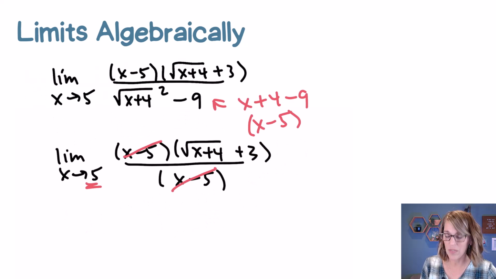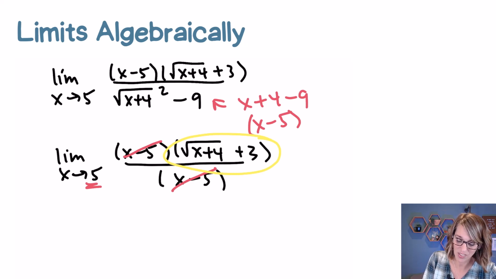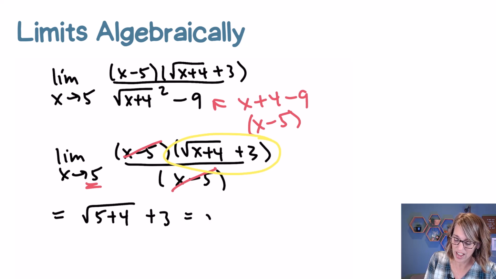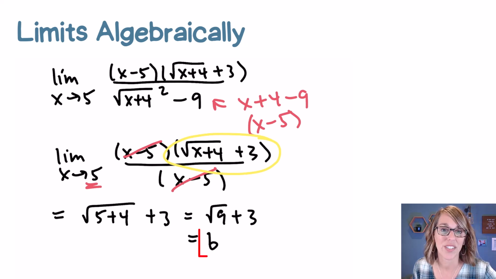Now that I've got this equivalent function that is no longer discontinuous at 5, I can just plug 5 in. So plugging 5 in, I get the square root of 5 plus 4, plus 3. Square root of 9 plus 3, that's going to be 3 plus 3, or 6.